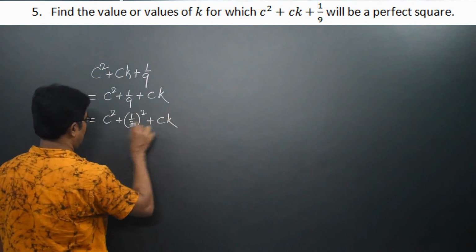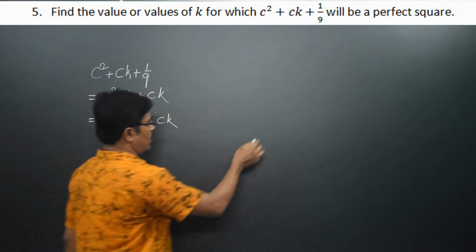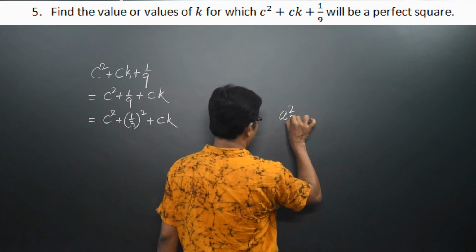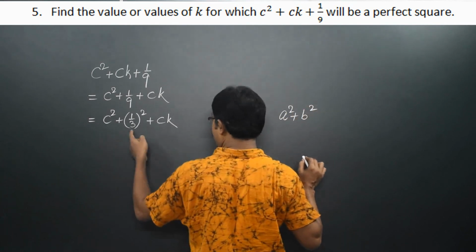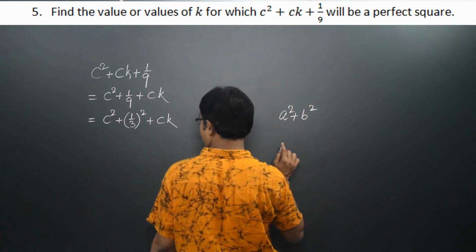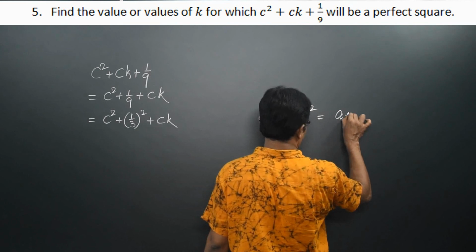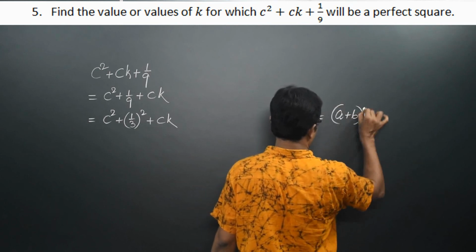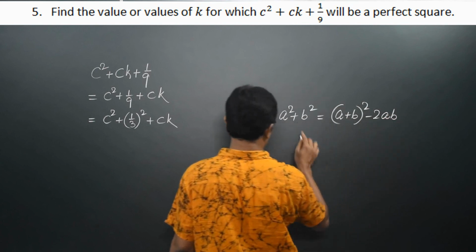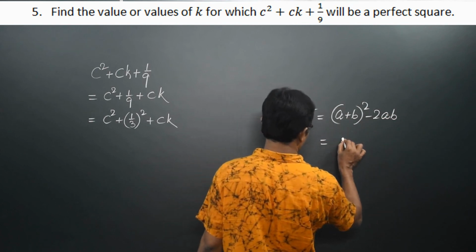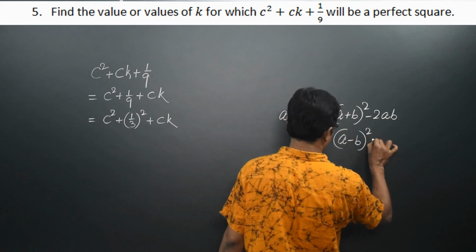Look at this part. This is of the form a square plus b square. So it can be written as a plus b whole square minus 2ab, or a minus b whole square plus 2ab.